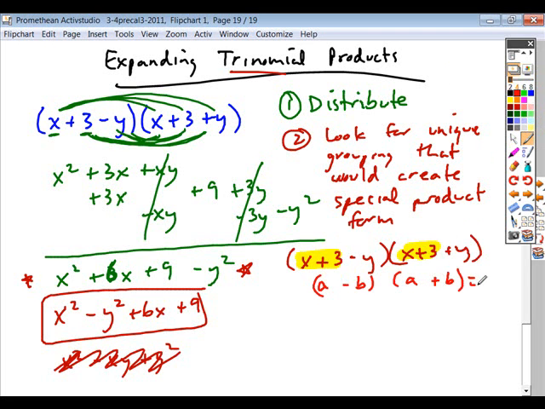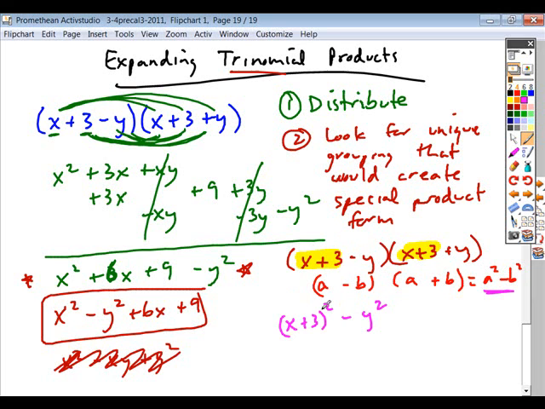We created this sum and difference of terms pattern, and we know that the special product form for that is the difference of squares, a squared minus b squared. So if you're able to find that unique grouping method to create a special product form, what you can now do is just go straight to your expansion. It's the first term squared. Well, my first term was this binomial x plus 3 squared minus my second term squared, which was y's.